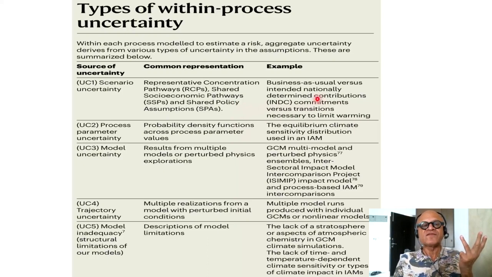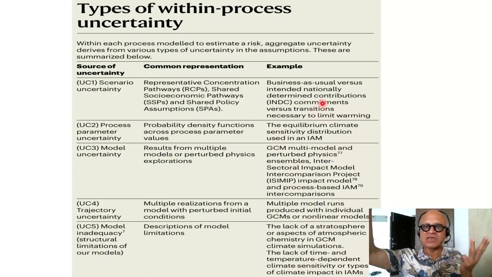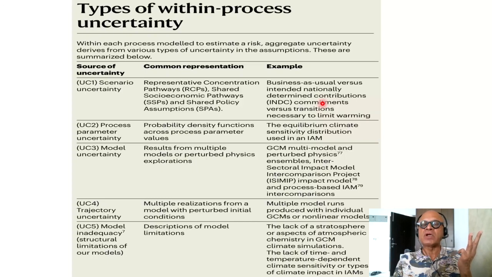And examples of uncertainty include business as usual scenarios, where we say we continue with current policies and not do anything, and where we end up in terms of warming, versus the intended nationally determined contributions, or what are now called nationally determined contributions, commitments from various countries, versus transitions necessary to limit warming.